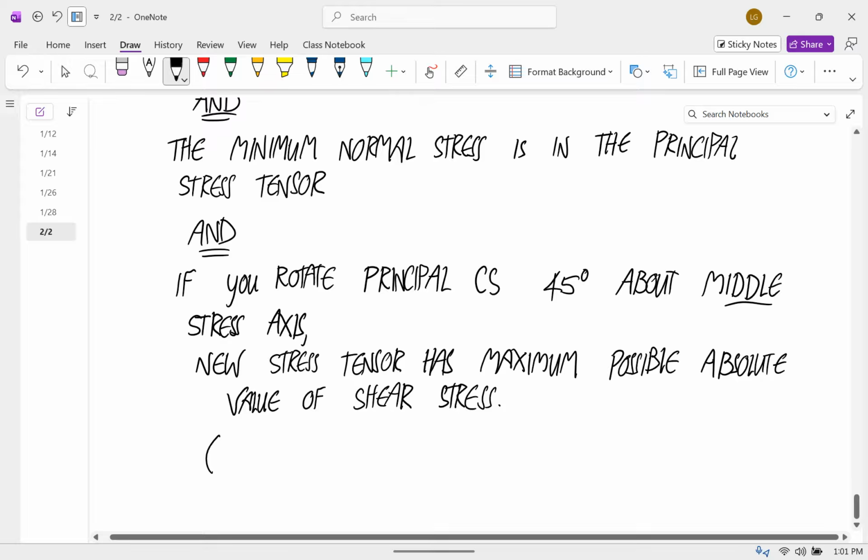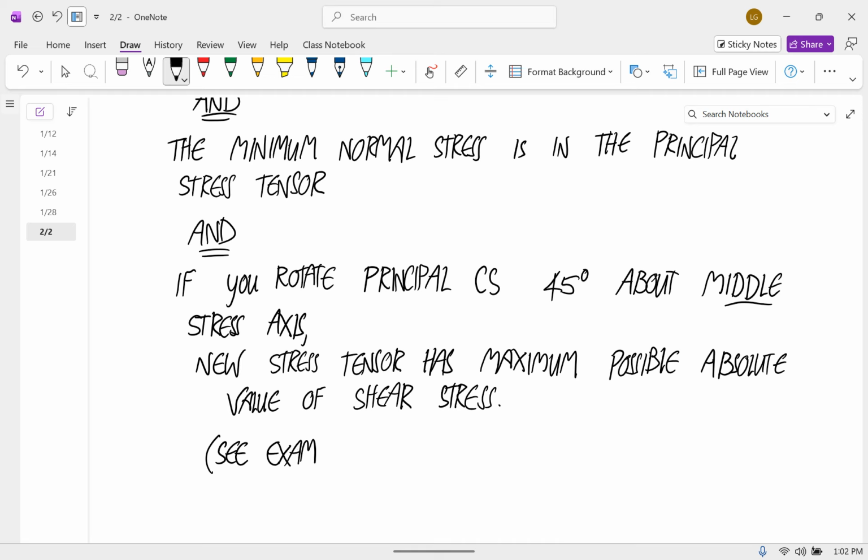Okay, so for this one, see the example that we just did? So I'll talk about that for a second. But the bottom line is by finding this principal stress, finding this principal coordinate system, you can identify the maximum normal stress, the minimum normal stress, and the maximum absolute value of shear stress.